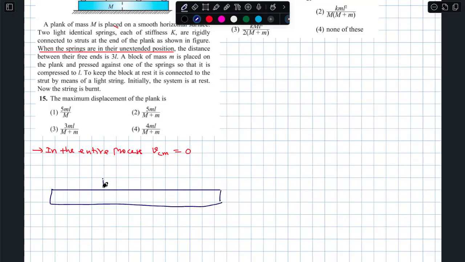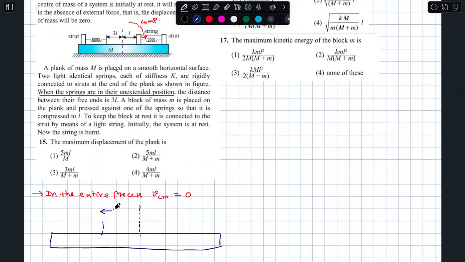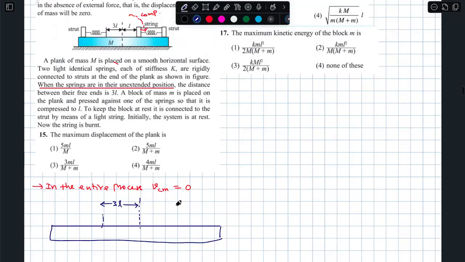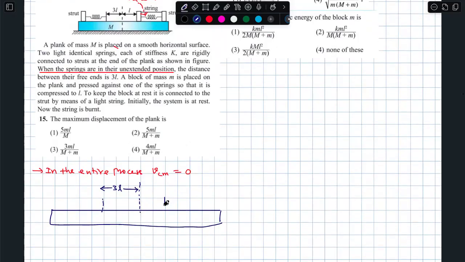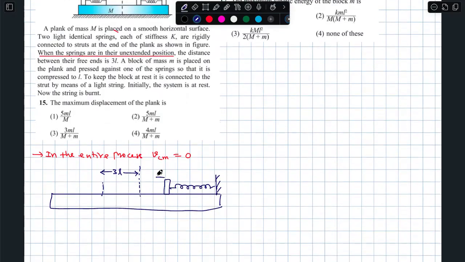This is the relaxed stage. You compressed and released. It starts from rest actually.